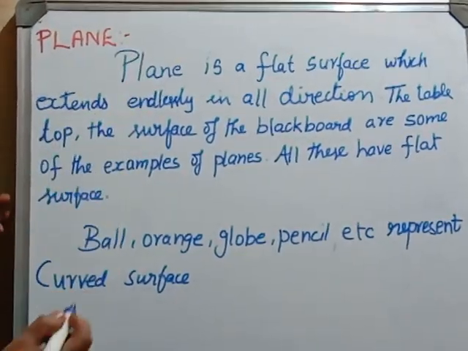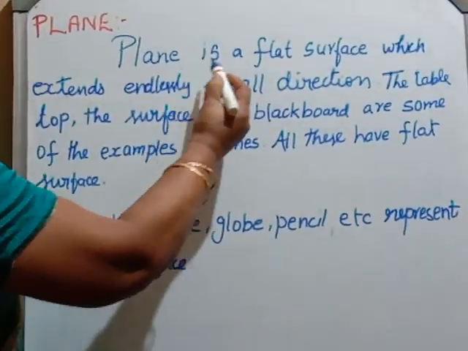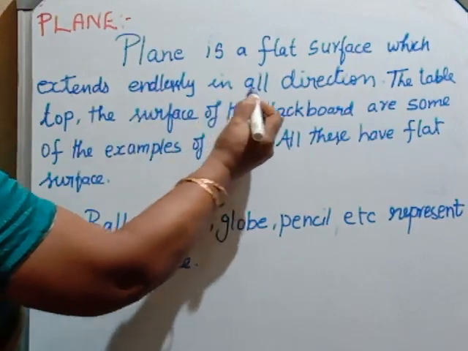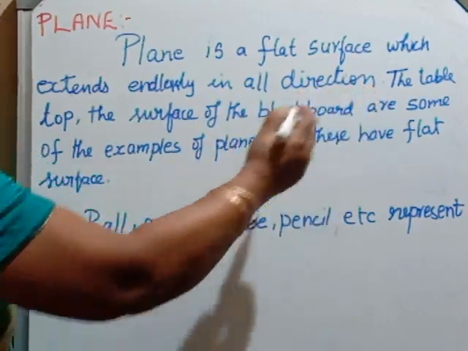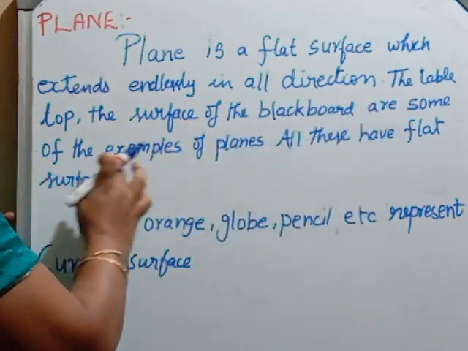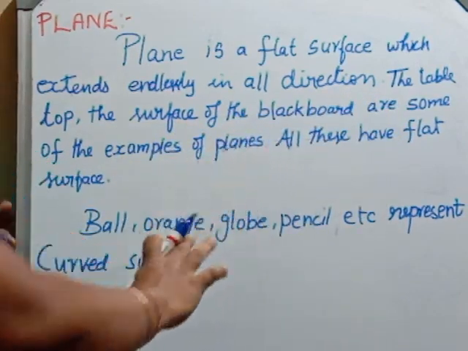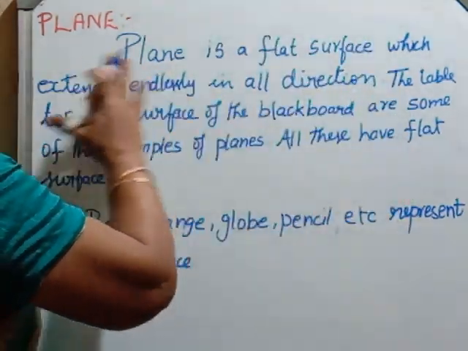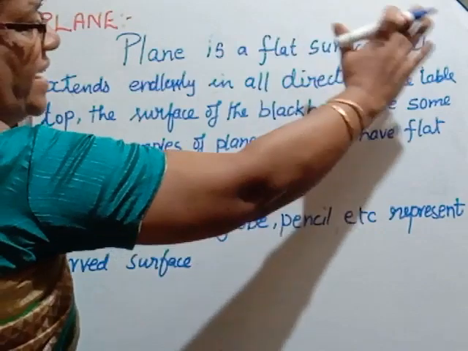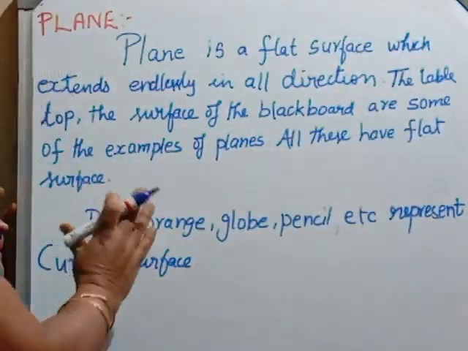Now, we are going to learn about plane. Plane is a flat surface which extends endlessly in all directions. The tabletop, the surface of the blackboard are some of the examples of planes. What is called a plane, children? Here we have a board. The flat surface is called the plane.